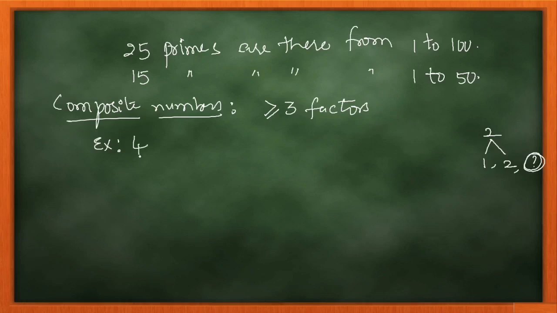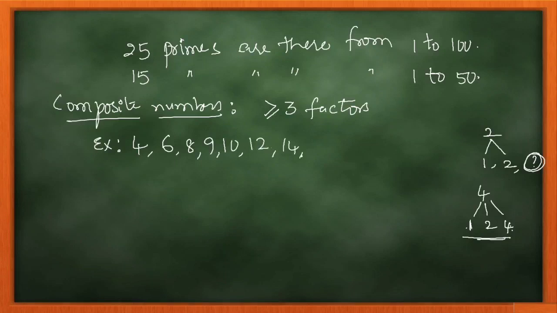Then the composite numbers start from 4 because 4 goes with 1 table, 2 table and also 4 table. 1 four is 4, 2 twos are 4, 4 ones are 4. 4, 6, 8, 9, 10, 12, 14.